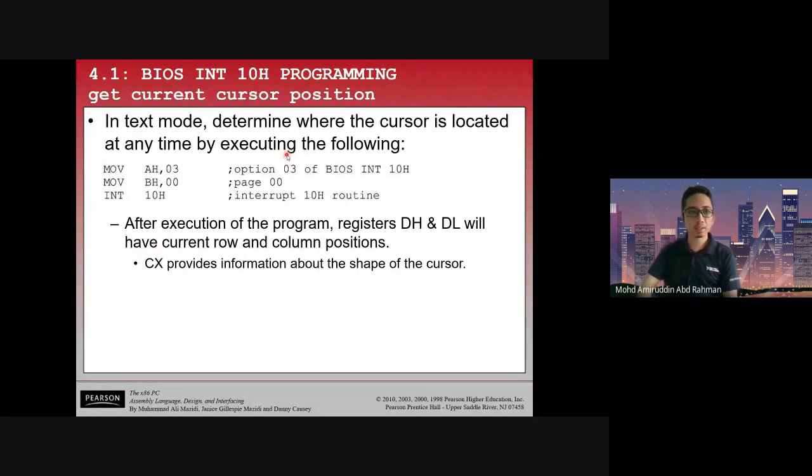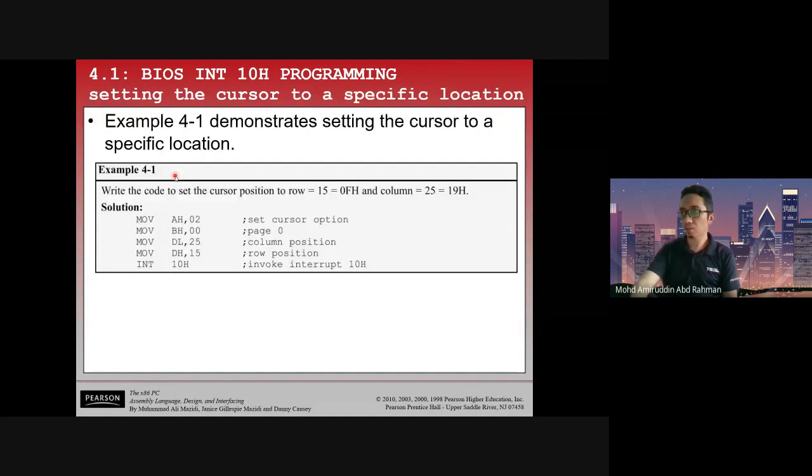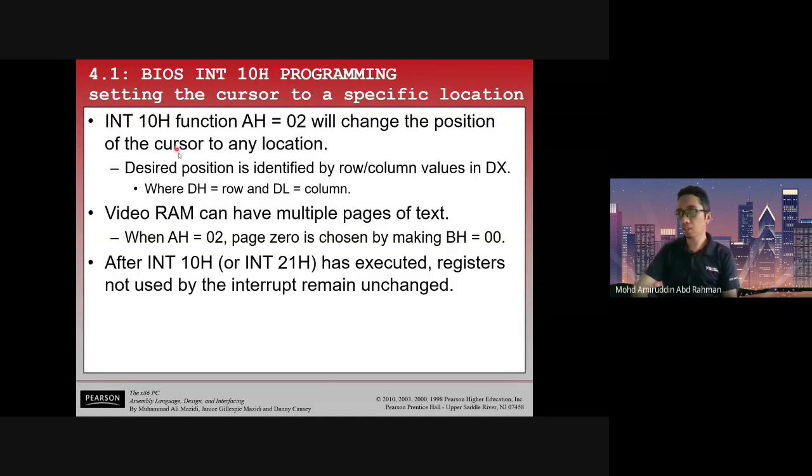In the text mode, we determine where the cursor is located by executing the following. Before this we used AH 02, which is basically the first setting, where we want to set the cursor.